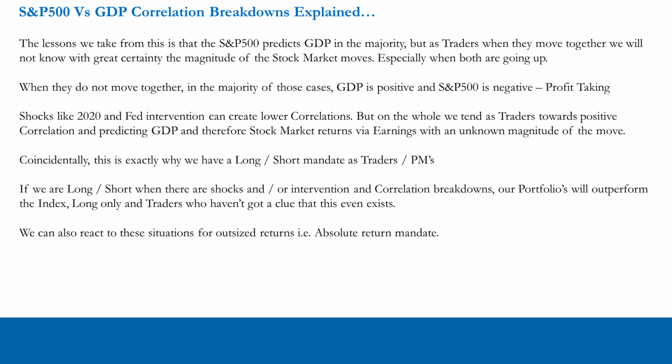Therefore, we have to be very careful in saying that there's some sort of rule book here where if we have 2.65% GDP growth, we're going to get a certain amount of stock market return. That's just a fallacy, okay? When we look at the statistical correlation throughout history, we can't infer a rule book. We can't infer that if we get a certain amount of GDP growth and predict that, we're going to get a certain amount of stock market return.